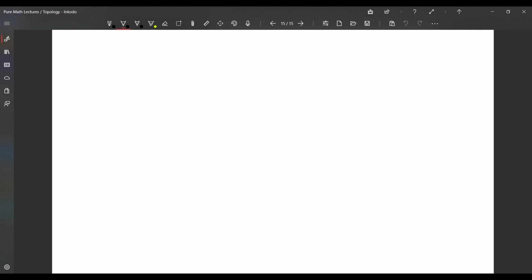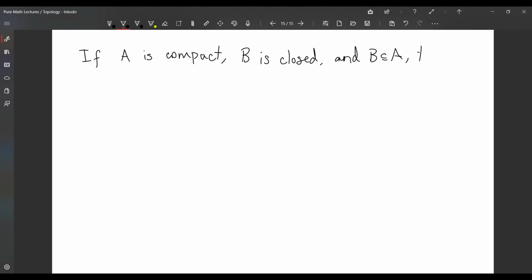The last few things to note: if A is compact, B is closed, and B is a subset of A, then B is compact.